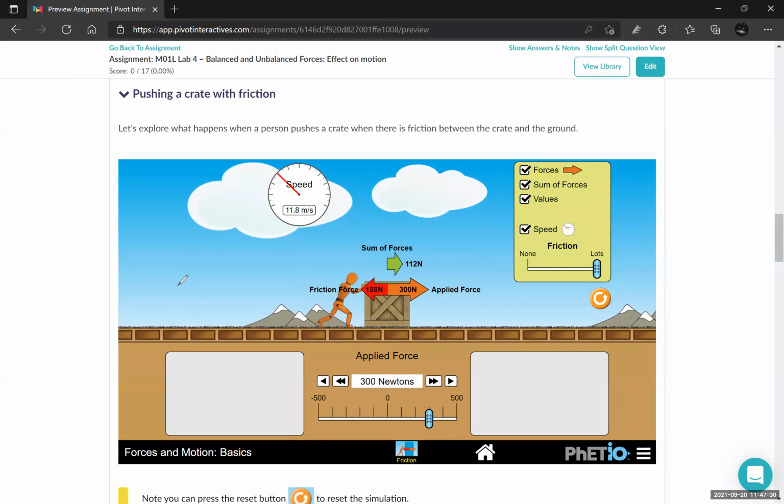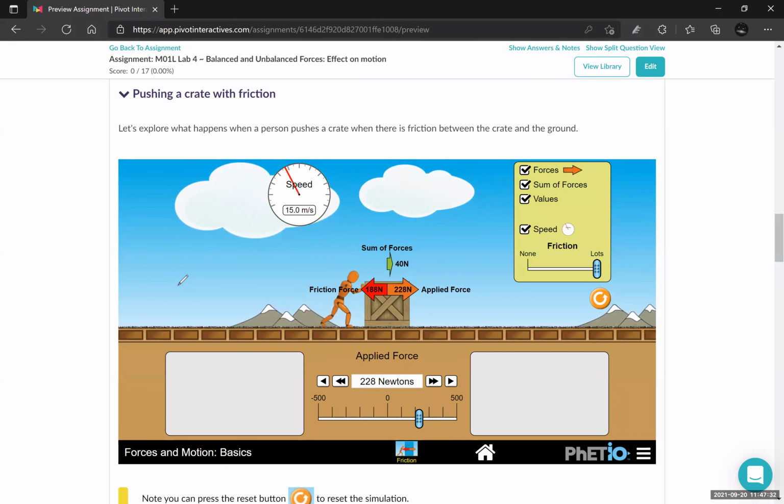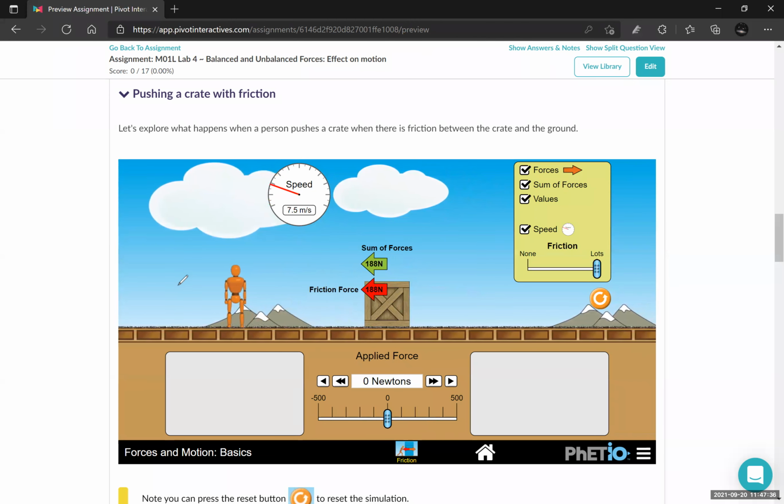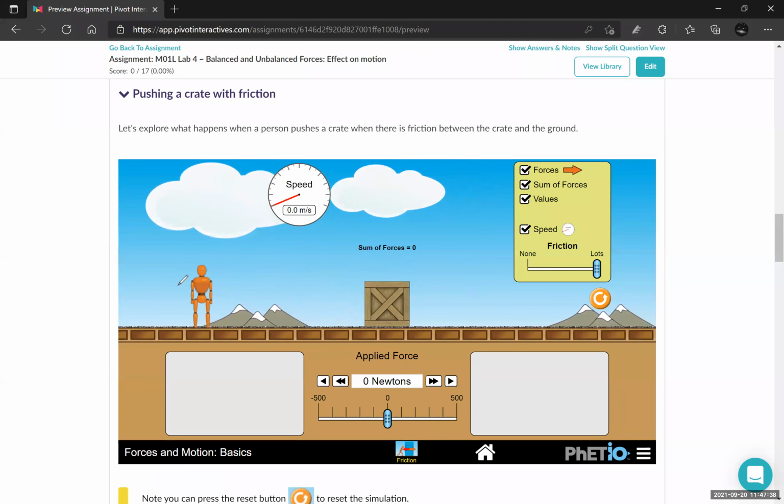So you can see, right? What I have here is the force that will make this move. If we stop here, for example, 85 newtons. If I apply 85 newtons, you can see the sum of forces equals 0, which is the net force.